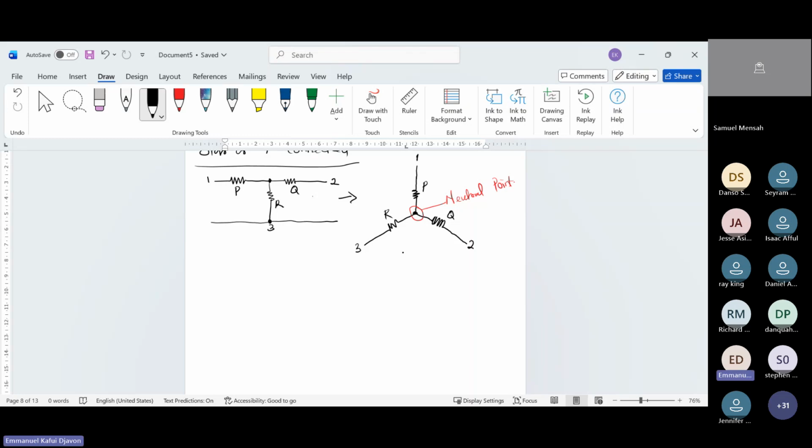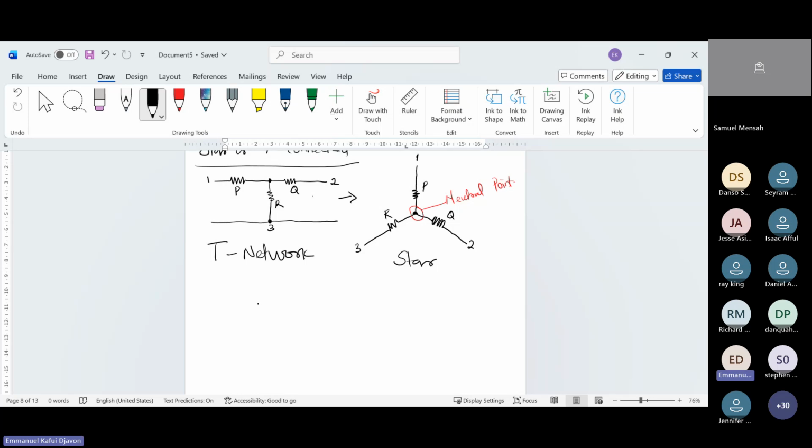So I can say this is a star, and this is the T network. So now, how do we use this theorem to solve real problems?